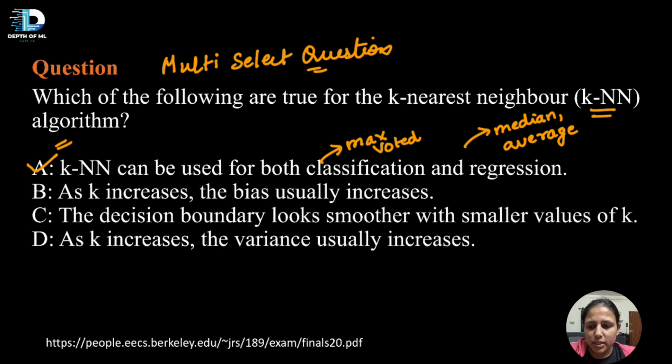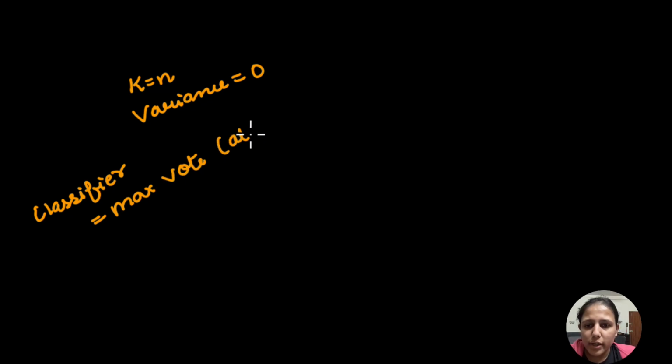So this we had seen in the previous video, that as K equals N, the variance becomes 0. Variance becomes 0 because all it learns, if it's a classifier, is the max vote of all training points.